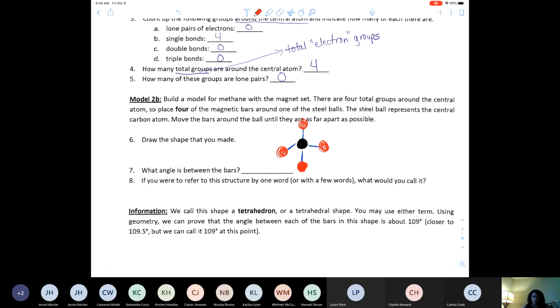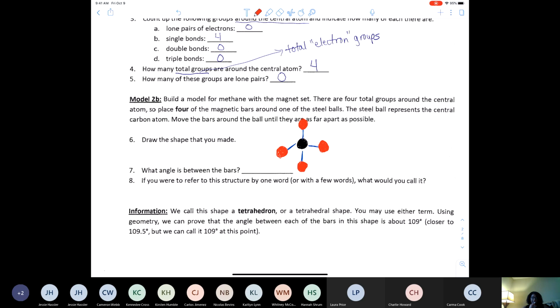So there's my methane model drawn. If you don't have colored pencils or colored pens, you can just do it all in black ink or blue ink or whatever you have handy. So there's our shape.